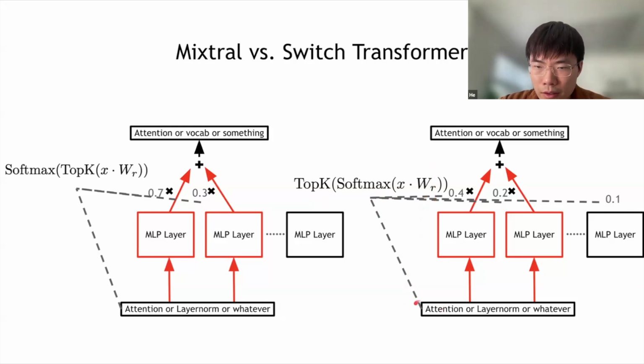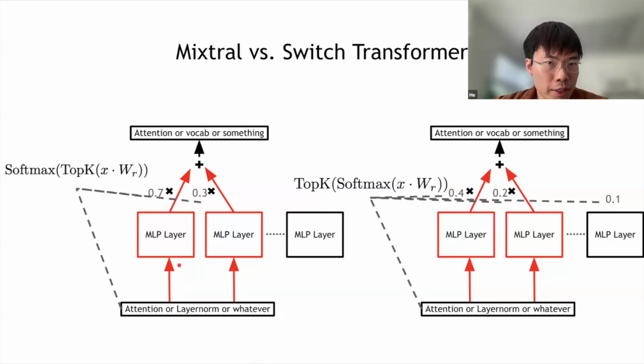Here you get the input from the previous attention or layer norm, and then the router would go through softmax then top K. So the softmax probabilities of all of the experts sum up to 1, and you do a top K. Usually the sum would be smaller than 1.